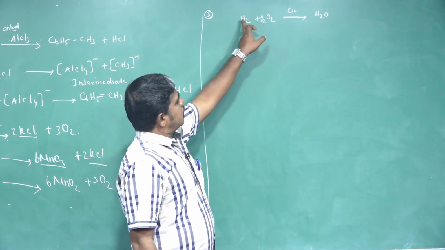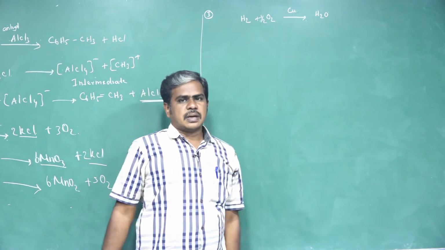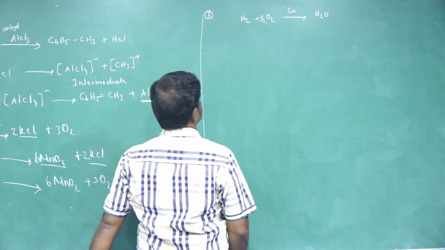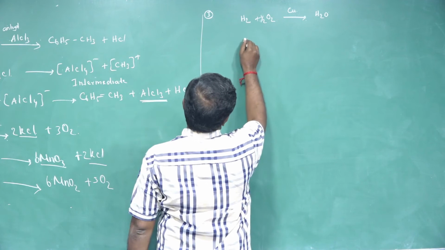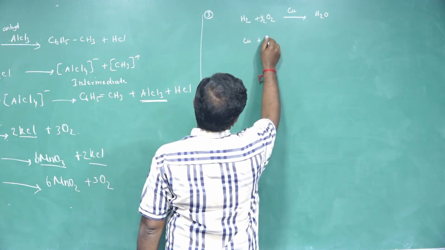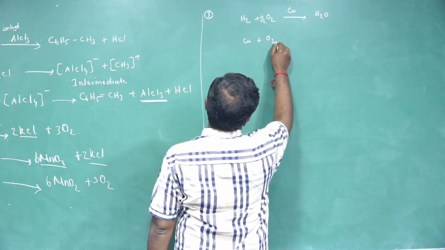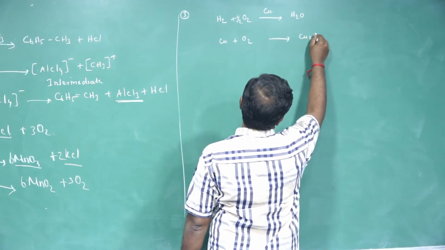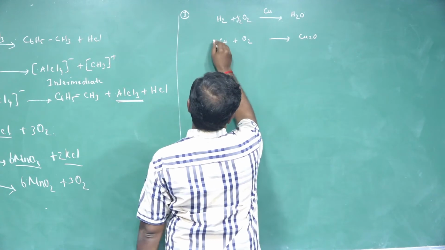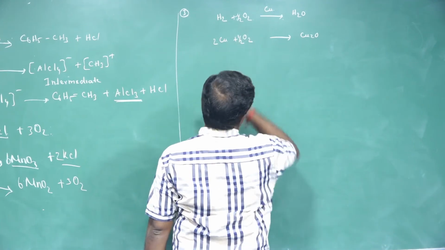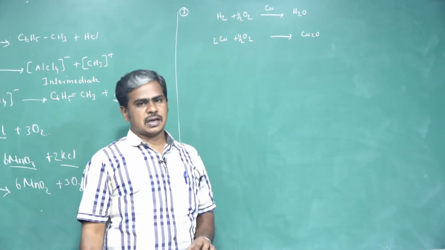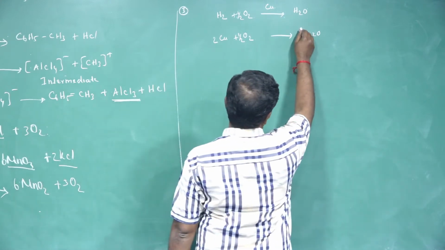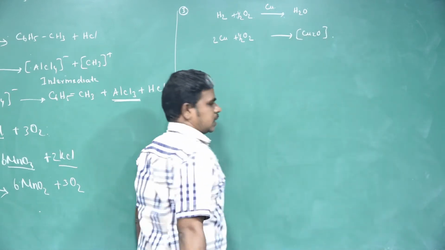Now here these are the reactants and the copper is a catalyst. So what will happen here? When copper reacts with oxygen, it forms Cu2O. So here 2Cu and O2. Now it is the intermediate. So Cu2O may act as the intermediate.